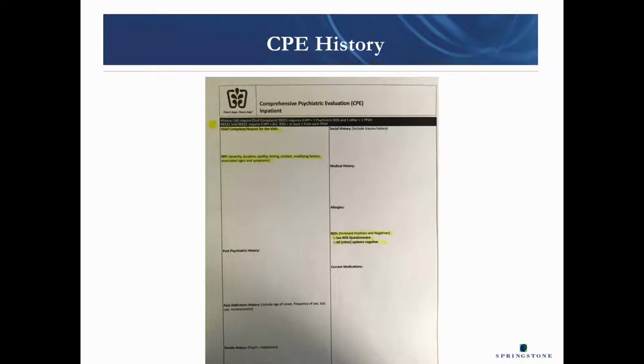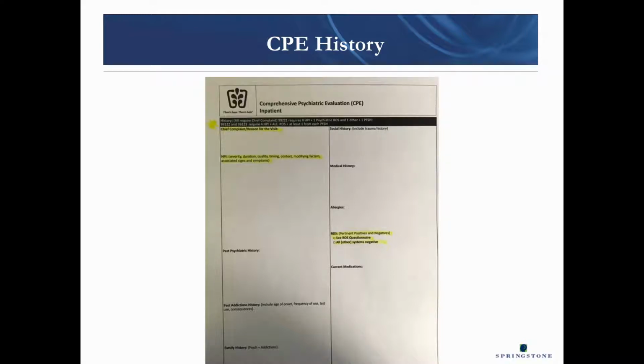This is a template that we use for comprehensive psychiatric evaluations for inpatient. And I just wanted to call your attention to the chief complaint needs to be in the patient or family's own words as a quote.